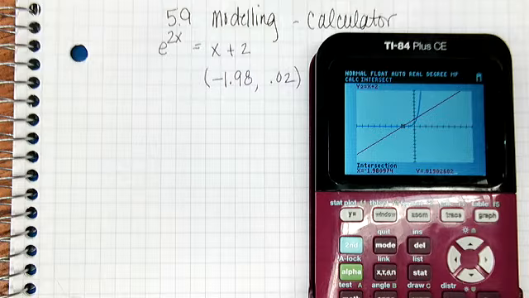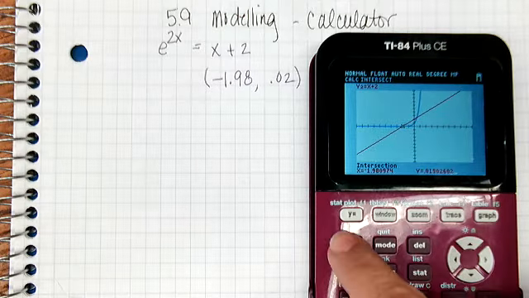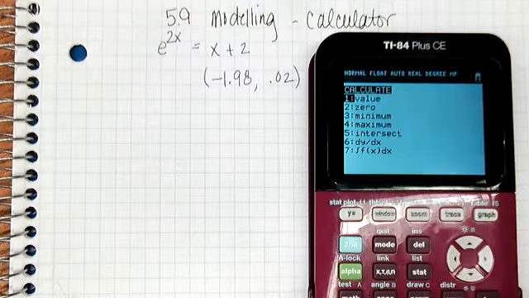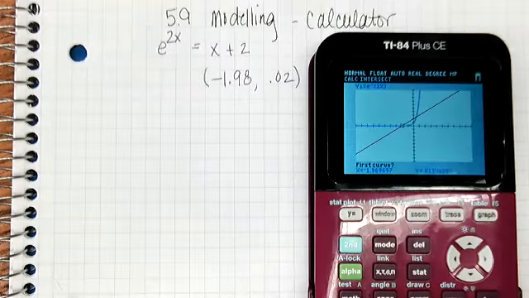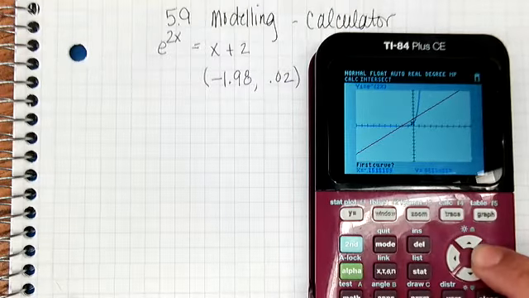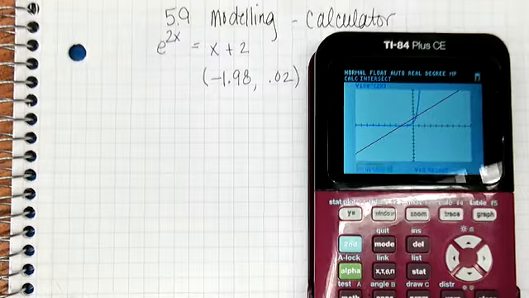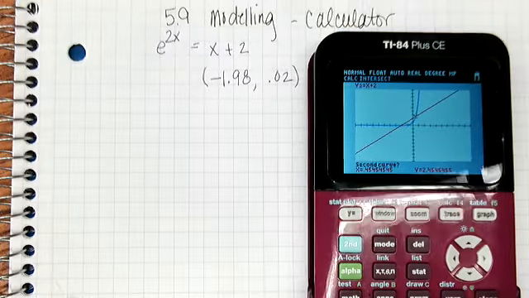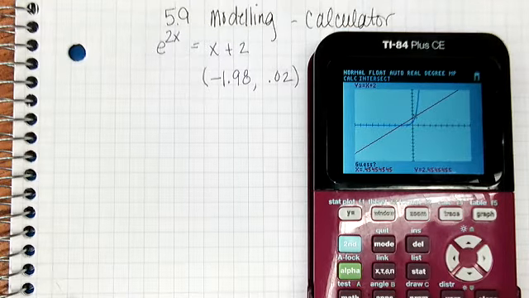Okay. And then let's find out where the other intersection point is. So second trace, 5 for intersect, arrow over, first curve, second curve, get as close to that point as you can for the guess.